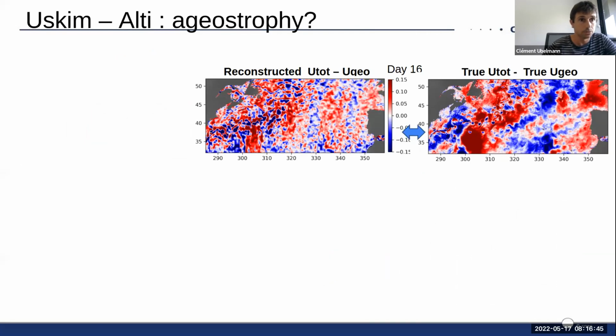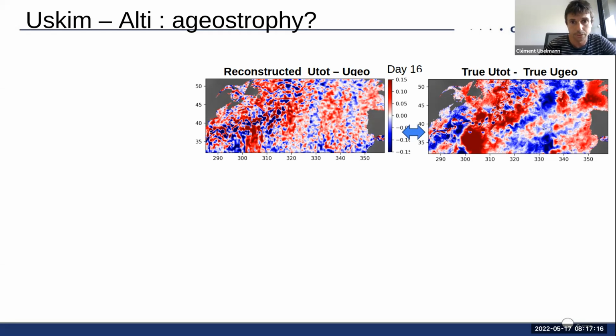And why? We can look at the geostrophic estimation. Since we mapped the geostrophic field from the altimetry, and we map the total field from the scheme, we can look at the difference, which should be our geostrophic estimation. If we compare with the true geostrophic currents, that's pretty disappointing.